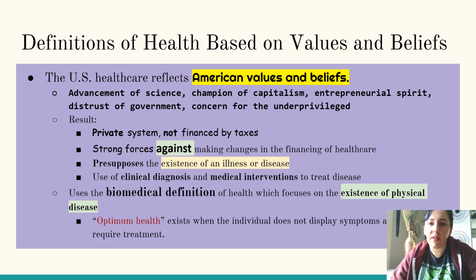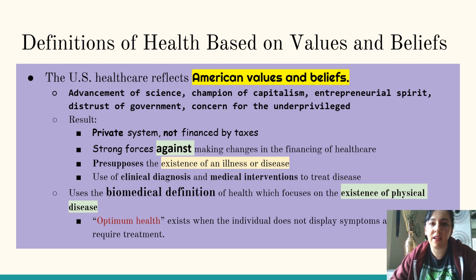Some of the main elements that have influenced our values and beliefs are the advancement of science and the championing of capitalism. In America, we love capitalism. We also love entrepreneurship.